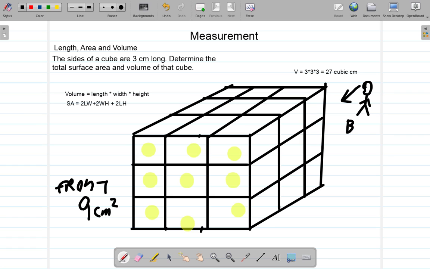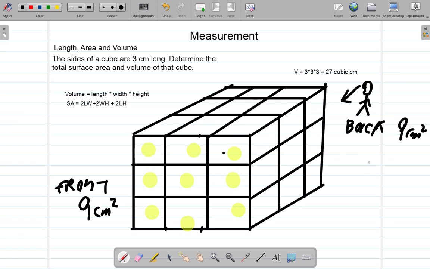So at the back, you have 9 centimeters squared. So the front and back would be 9. Now notice the width 3 multiplied by the height would give us that same 9, although we had counted the square faces here.